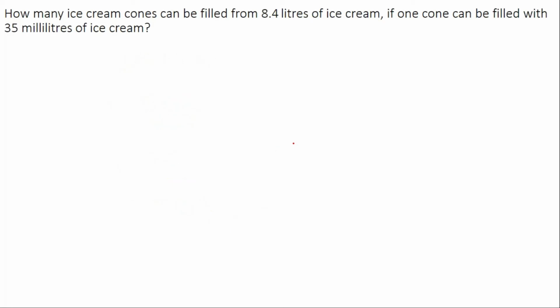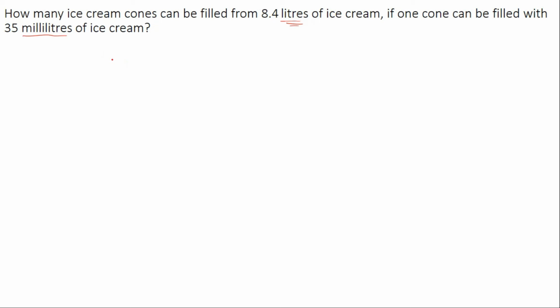How many ice cream cones can be filled from 8.4 liters of ice cream if one cone can be filled with 35 milliliters of ice cream? In this question, two units are given, liters and milliliters. So we have to make the unit same. Easier will be to convert liter into milliliter, and we have to divide.